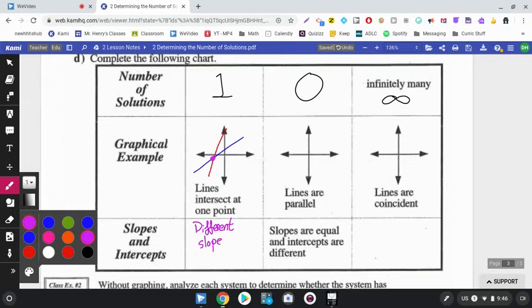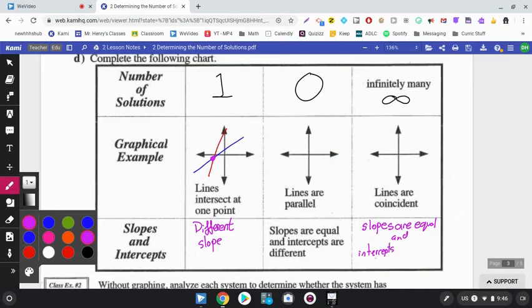Okay, parallel, it says the slopes are equal. Okay, but the intercepts are different. So that one I do care about the intercepts. Okay, because the kind of one that goes along with that is for infinite solutions, the slopes are equal and intercepts are equal.